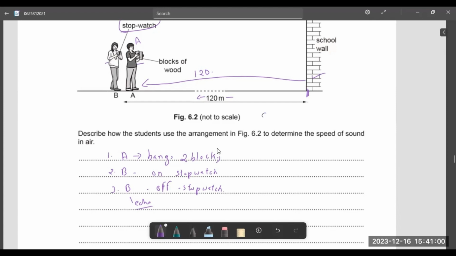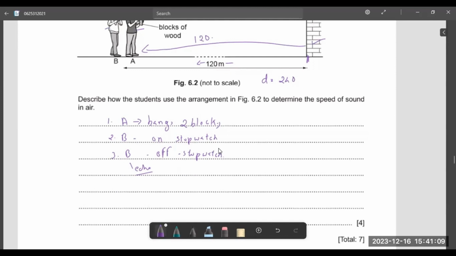So D can be taken as 240. As it is an echo, D will be 2 times the normal. And they can find the speed using the equation speed equals distance divided by time. Here it is 2 times the distance divided by time, as they are hearing the echo.